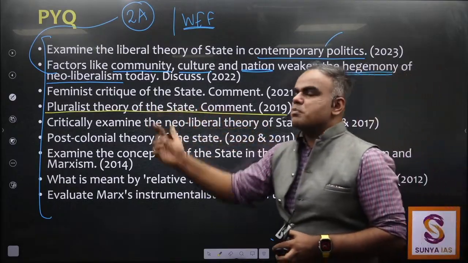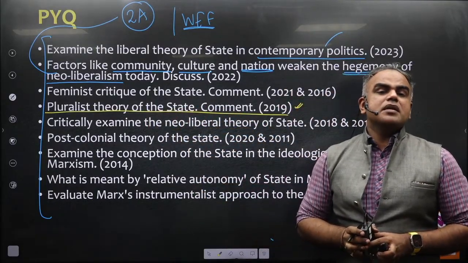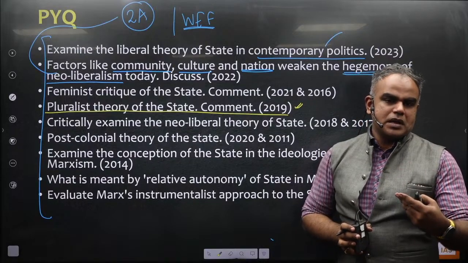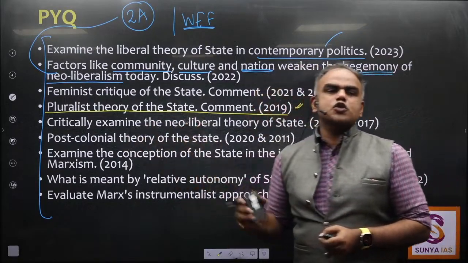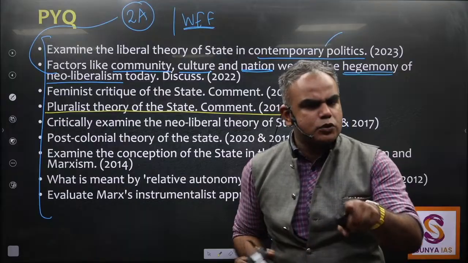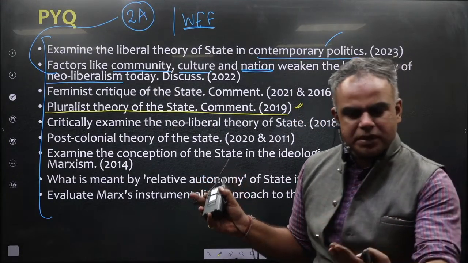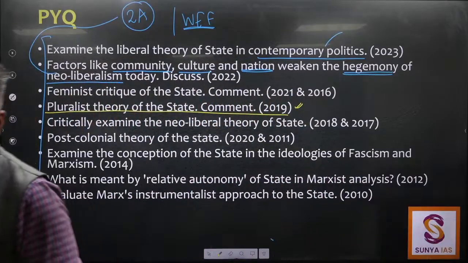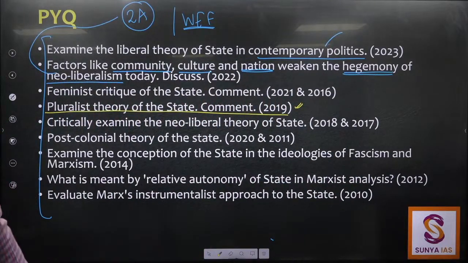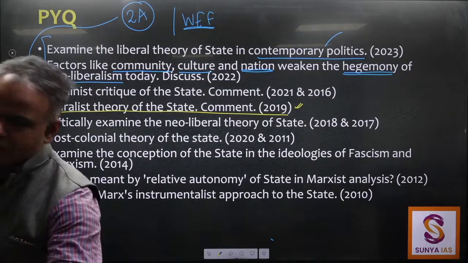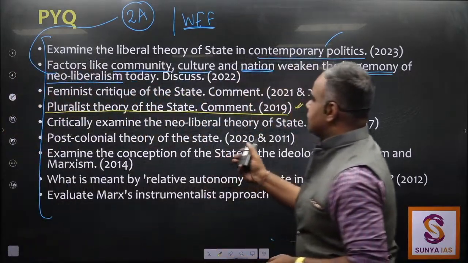Then we have spoken about MacIver, about ultimately the state should become a service state. And even in the pluralists we have certain issues. Such as, did we do the criticism of this pluralist state? Did we do it yesterday? What is the criticism? Okay, we have done it, okay.